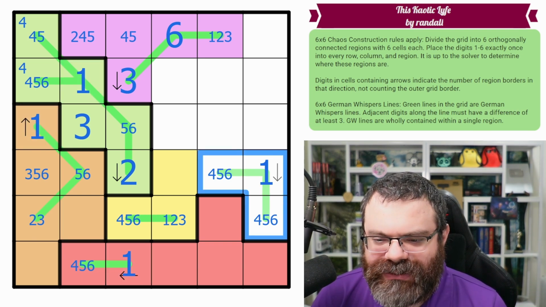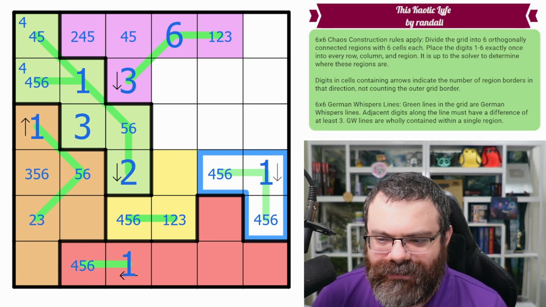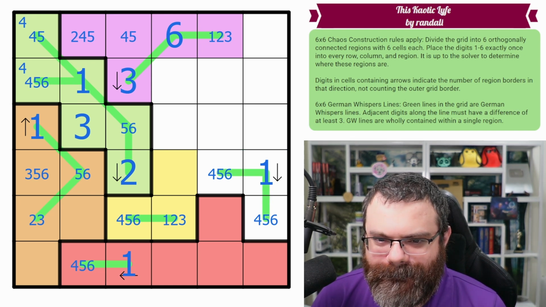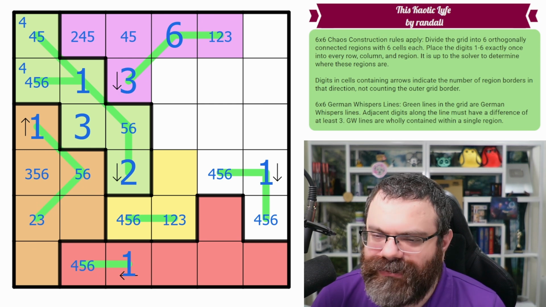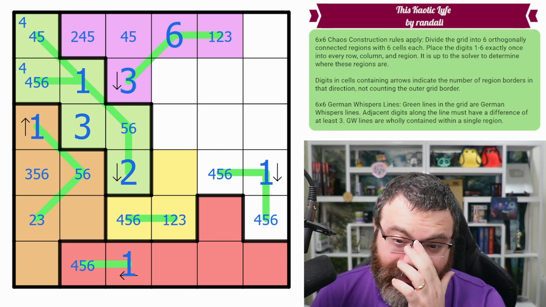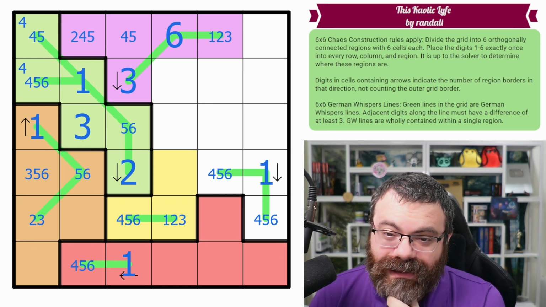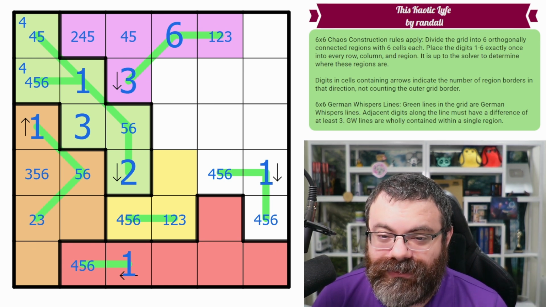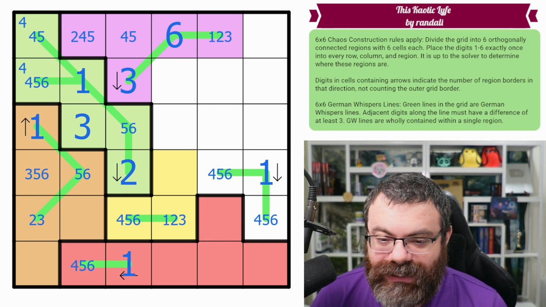I wonder if there's some logic of why this has to be yellow or can't be yellow. Okay. See, purple can grow anywhere it wants. There's got to be something digit related. 4, 5, 6.